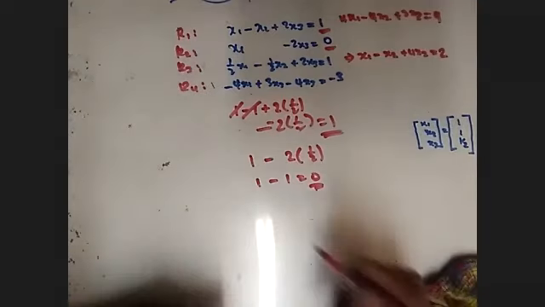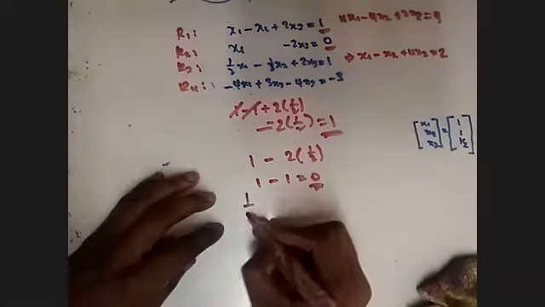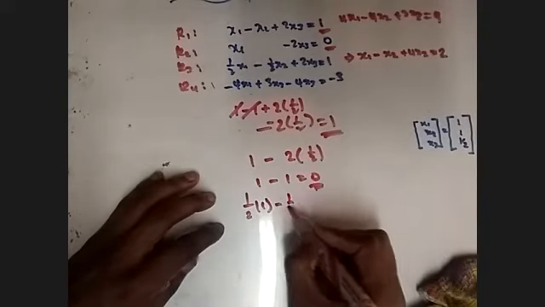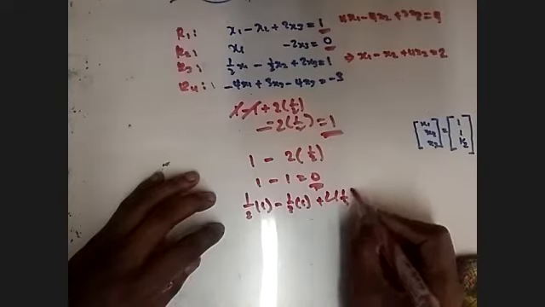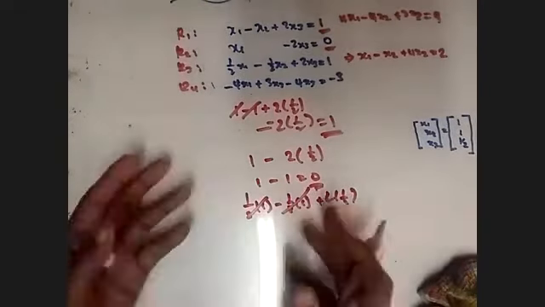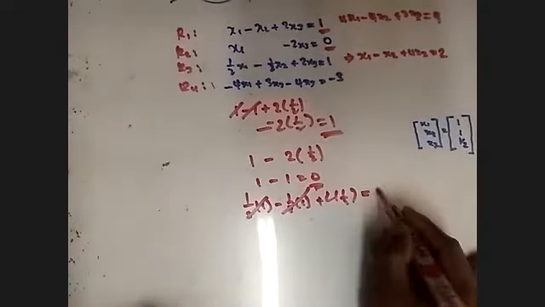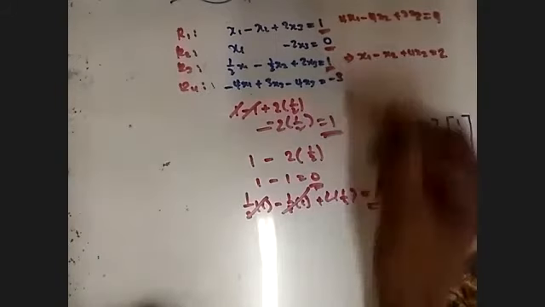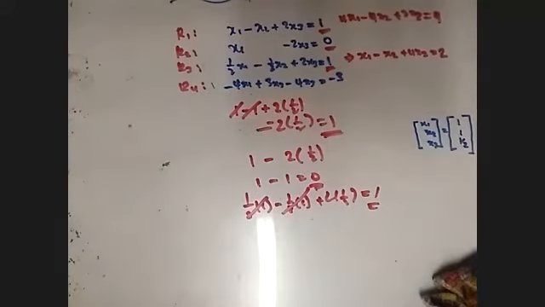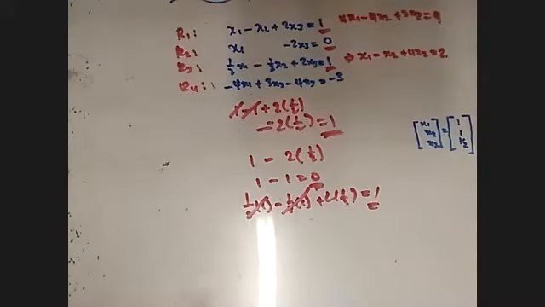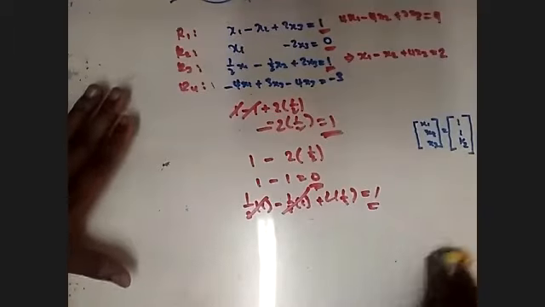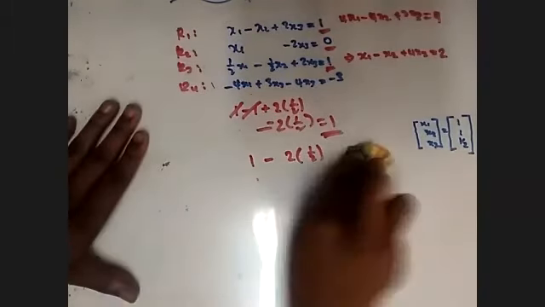You can check without even substituting: 1/2 times 1 minus 1/2 times 1 plus 2 times 1/2 already gives me 1, because they are going to cancel, and this is just 1. So I don't need to do the fourth equation. The first example, I don't know why I put it there. You can check, right?